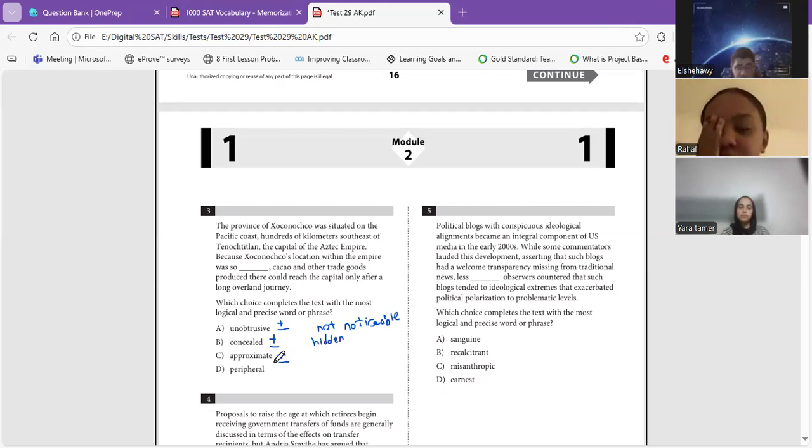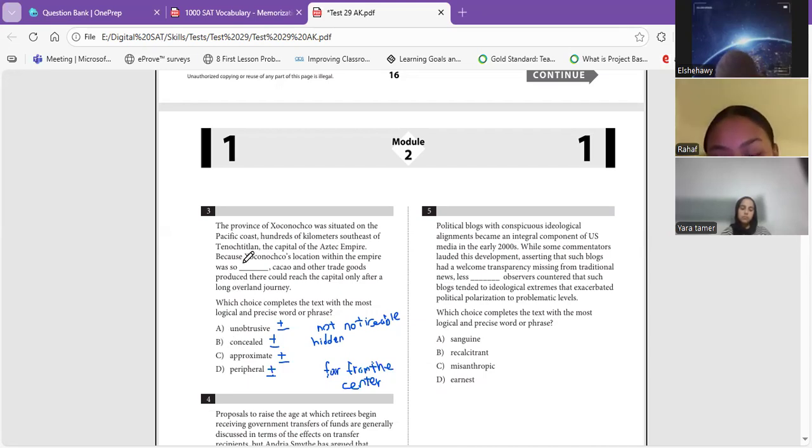Peripheral means far from the center. So again, it's neutral. Okay, so because all of them are neutral, I'm going to go to the context clue.